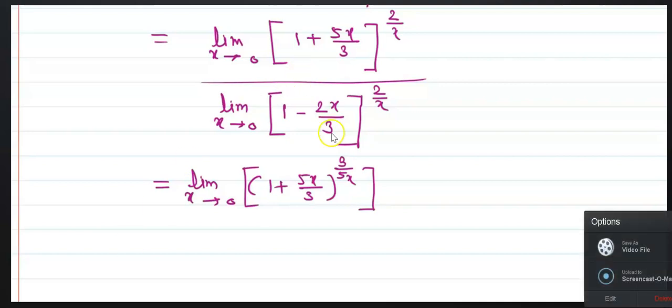Now here, what is the reciprocal of 5x upon 3? The reciprocal of 5x upon 3 is 3 upon 5x. But we have only the 2 upon x. Therefore, we have to adjust 5 upon 3.